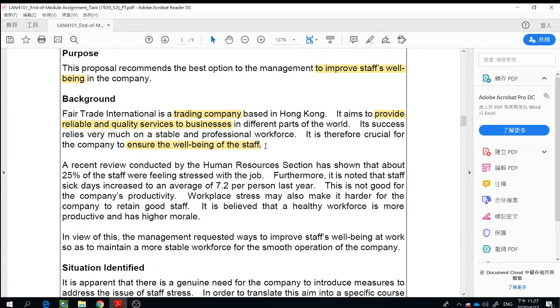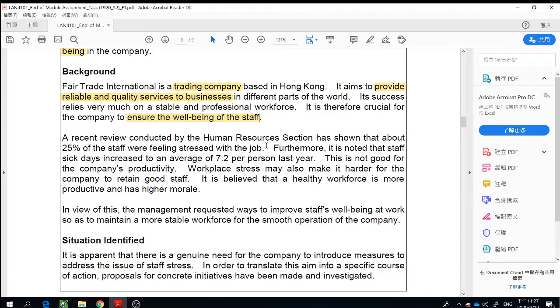All right. So there should be a problem. 25% of staff were feeling stressed. That's the background. The sick leave increased to an average of 7.2 per person. As a result, it's not good for the company's productivity.